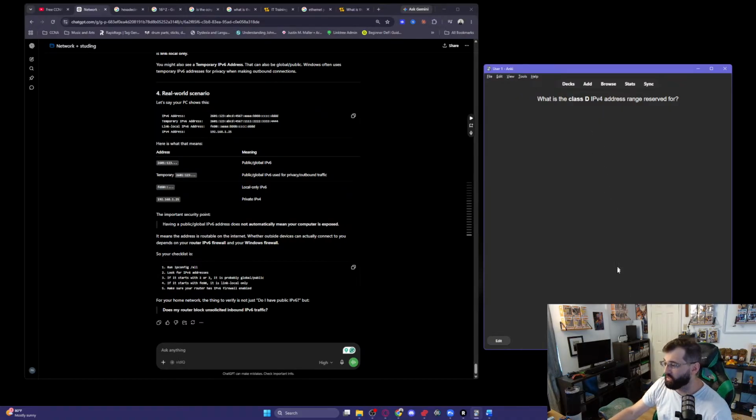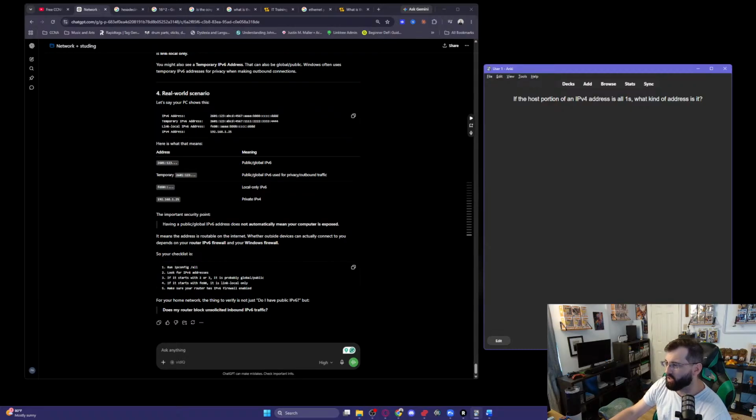It's the addressing range reserved for... not experimental. What's it reserved for? Multicast. What is the E that's experimental? IPv4 addresses beginning with 127 are used for... damn it, I knew it right before. Loopback.